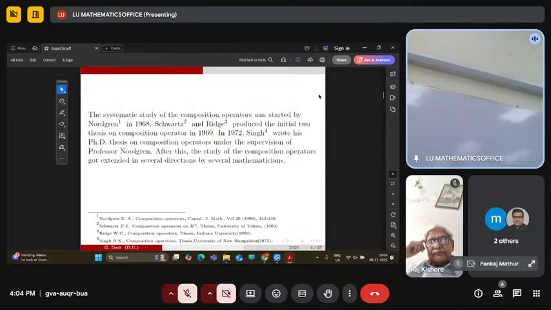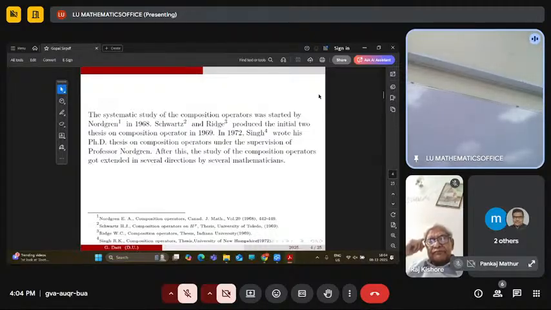If you see the systematic study of this class of composition operators, earlier these classes appeared in the work of Koopman when he was studying problems of mechanics. But at that time these operators did not come in terms of operator theoretic and algebraic structure; they came in terms of simple functions, and linearity and non-linearity were not yet discussed.